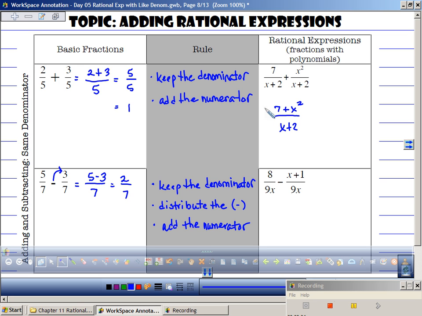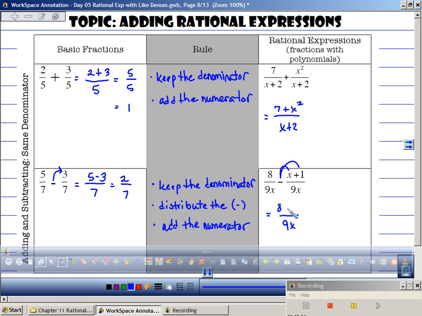Let's do the same thing with our rational expression. I'm going to keep my denominator of 9x. I'm going to distribute the negative to everybody. So I would get 8, and what else? What else do I have here after I distribute that negative?